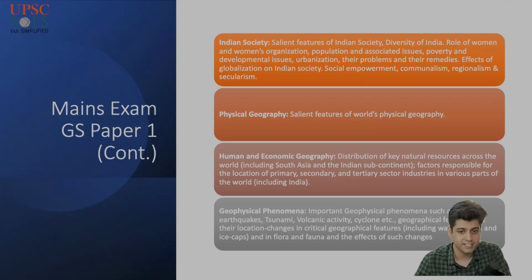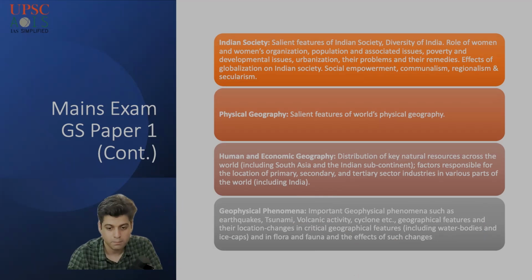In physical geography, salient features of world physical geography, and there is topic of human and economic geography, which talks about distribution of key natural resources across the world. Right. Then there is geophysical phenomena, fourth point, which talks about important geophysical phenomena such as earthquakes, tsunami, volcanic activity, cyclone, etc. Geographical features and their location, changes in critical geographical features and in flora and fauna and the effects of such changes.